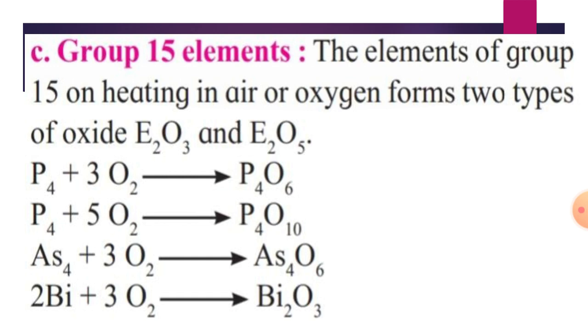Bi2, 2 molecules of bismuth, when heated with 3O2, gets converted into Bi2O3. So here is the reaction of the elements of group 15 which on heating in air or oxygen get converted into two types of oxide. First one is your E2O3 form and the second one is your E2O5 form.